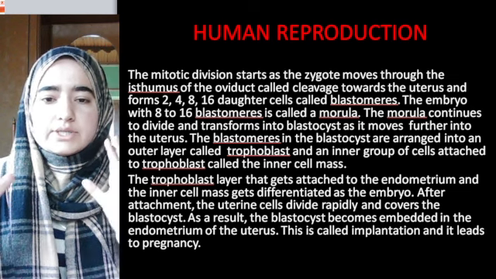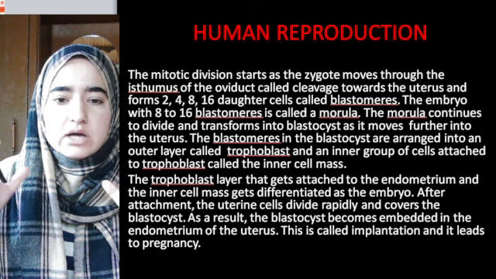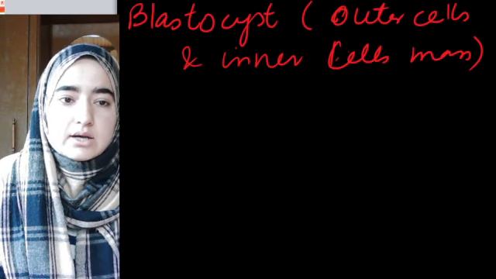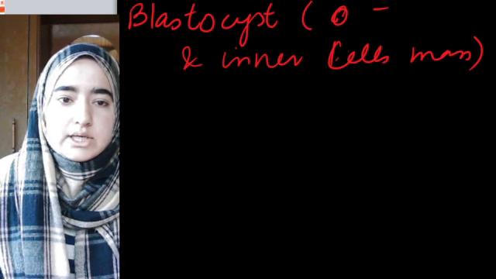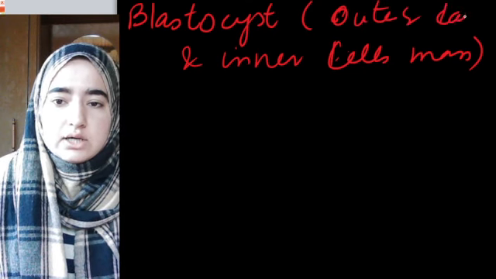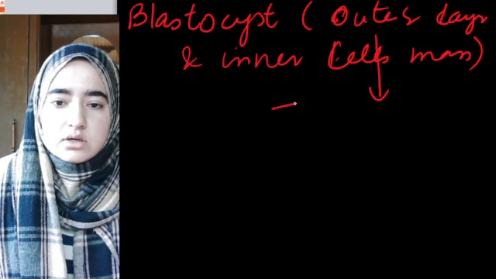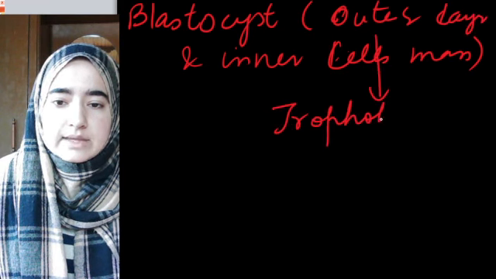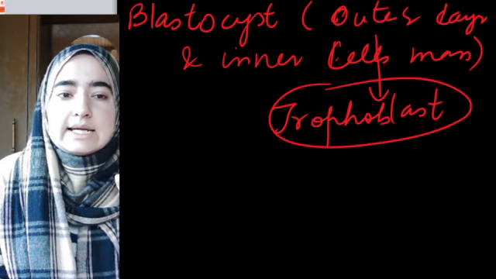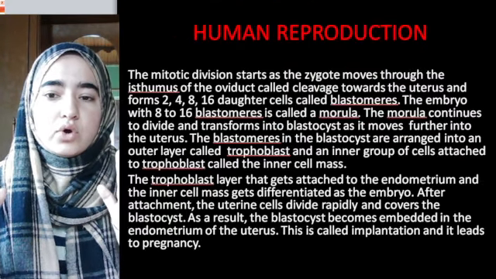The outer layer is known as the trophoblast. It's known as trophoblast, and it gets attached to the uterine wall of the uterus.